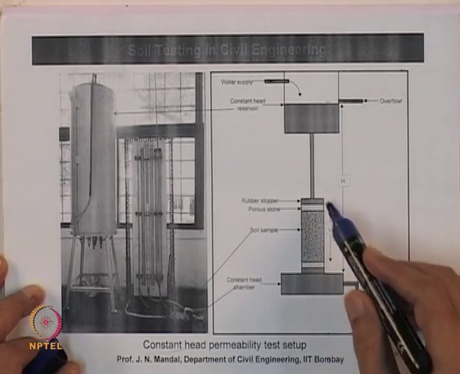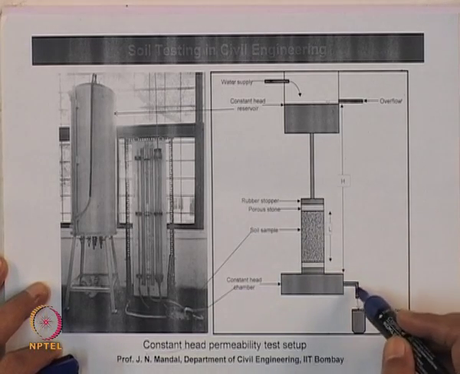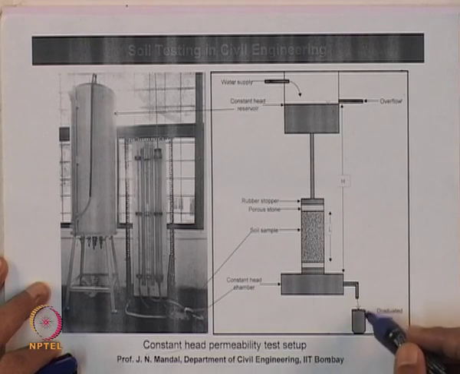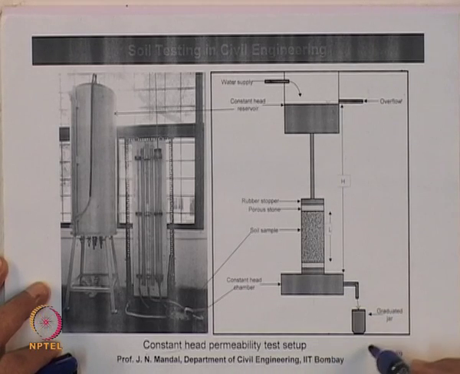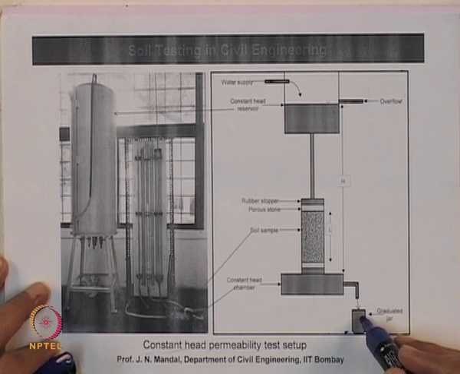And then at a constant head, water can pass through the soil sample at a particular time, and then you have a graduated jar here. So, you can determine the volume of water collected in this graduated jar at a particular time.